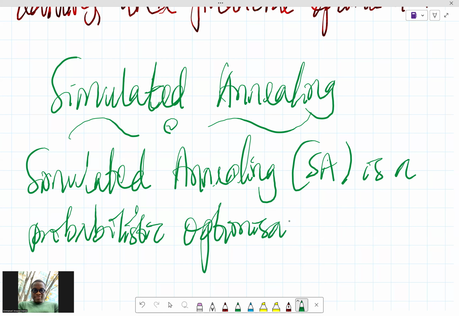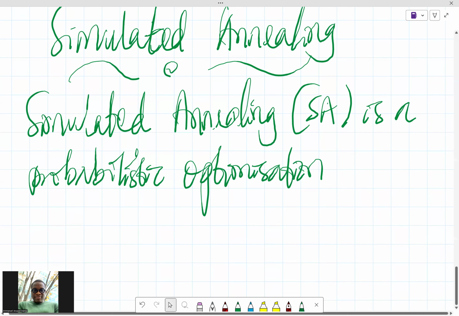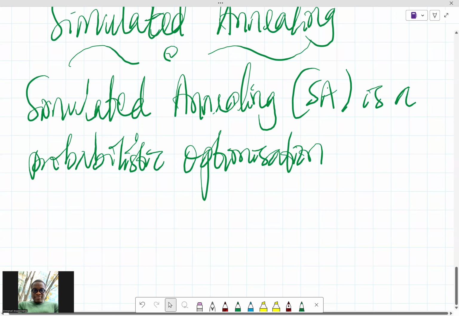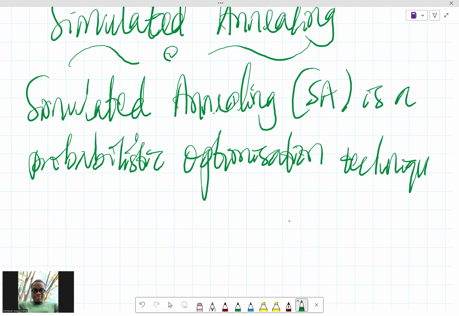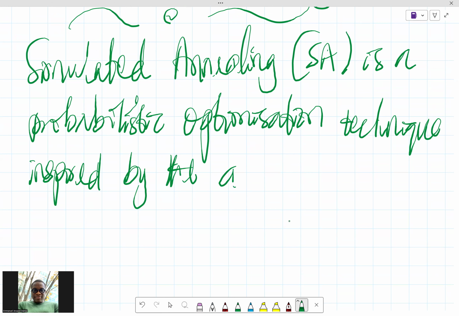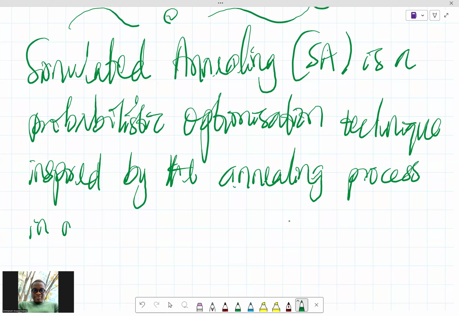We've seen this before under derivative-free methods. Simulated annealing is a probabilistic optimization technique inspired by the annealing process in metallurgy, a concept from cooling in metallurgy.